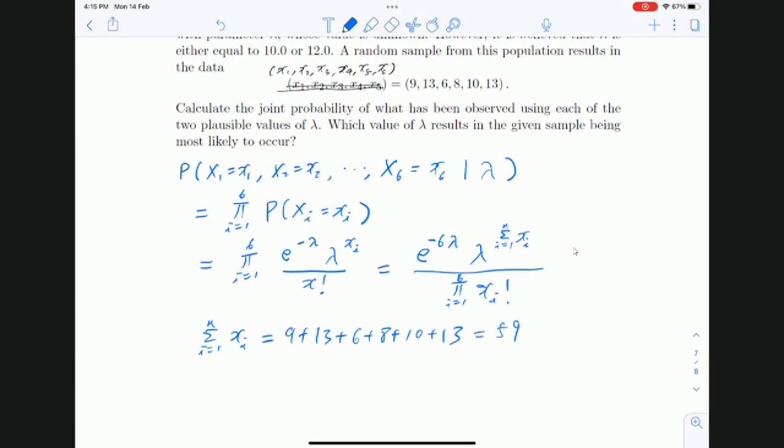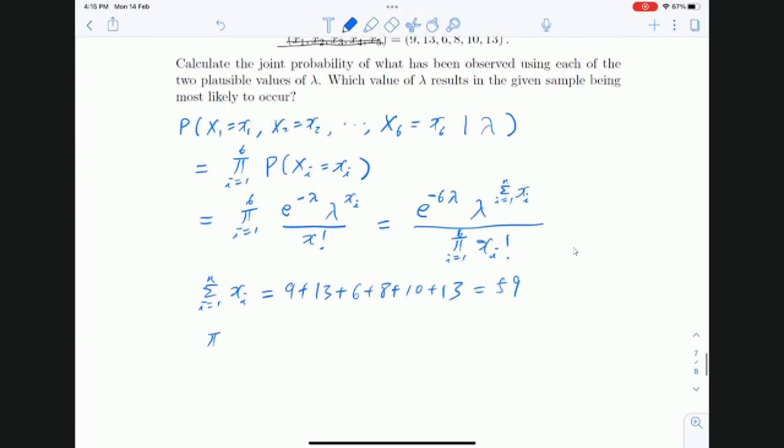Using an ordinary calculator, we can get the sum of the sample equal to 59. So we can substitute this part. And then we have the product of the factorials. This is a very large number. I'm not going to write down this result. So we substitute into this, then what remains is just to put lambda equal to 10, lambda equal to 12, and then to evaluate this.